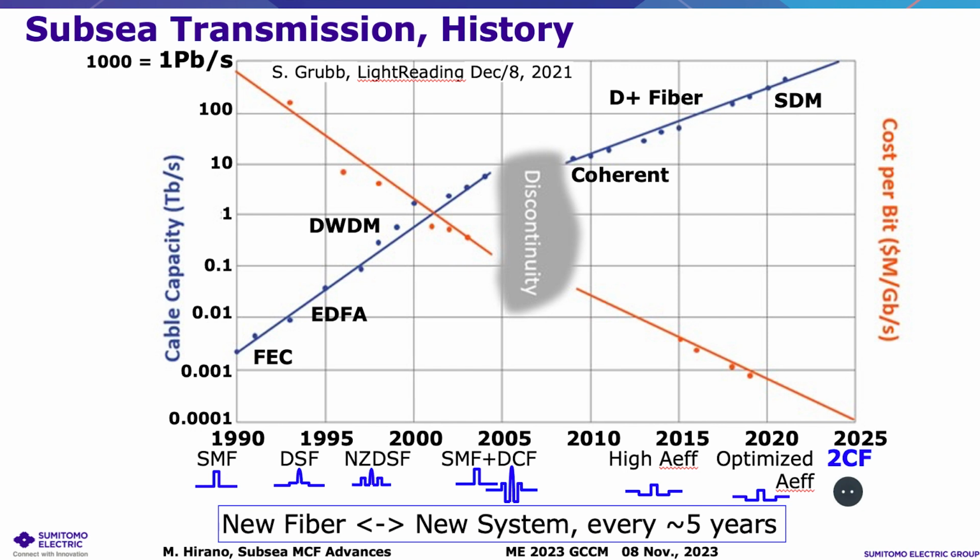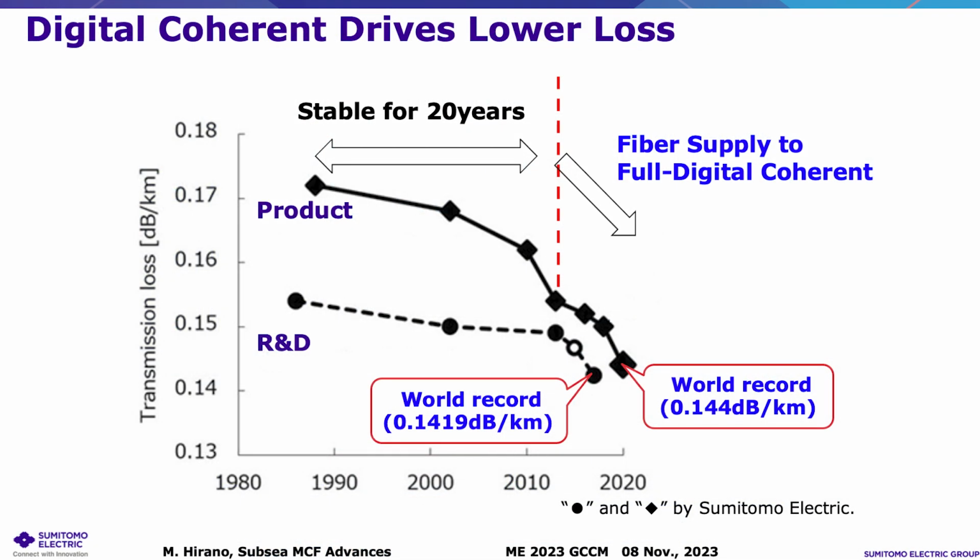So what is the message in this view graph? New fiber along with new systems had appeared and also disappeared almost every 5 years. That's very important.